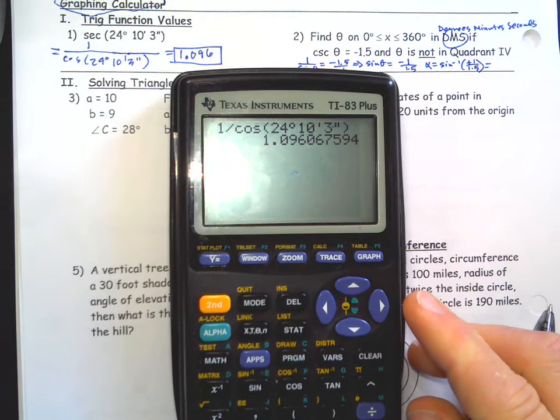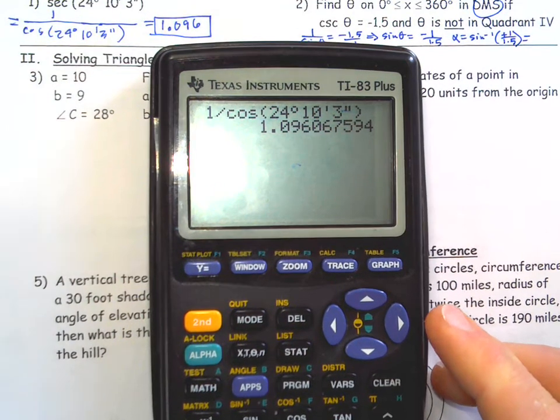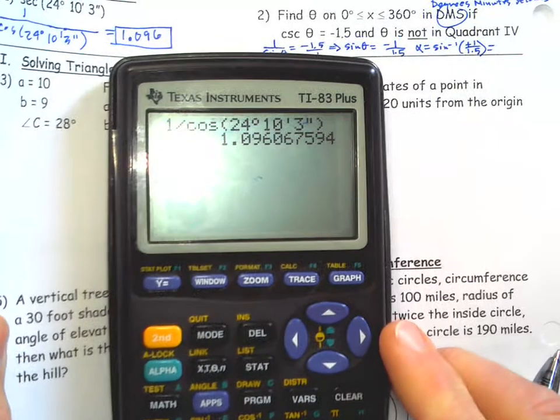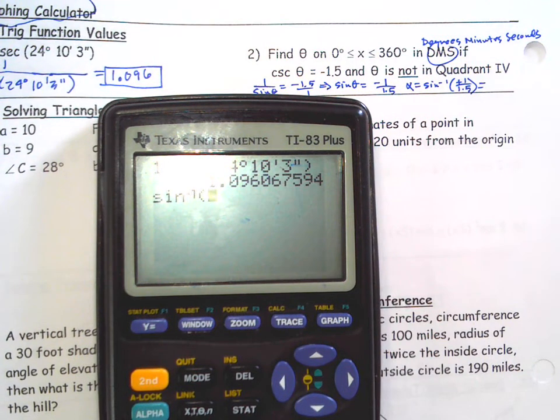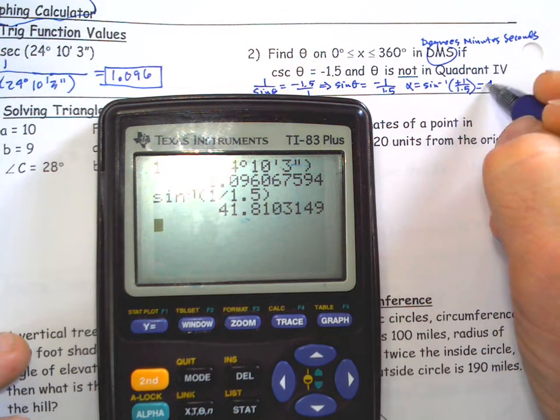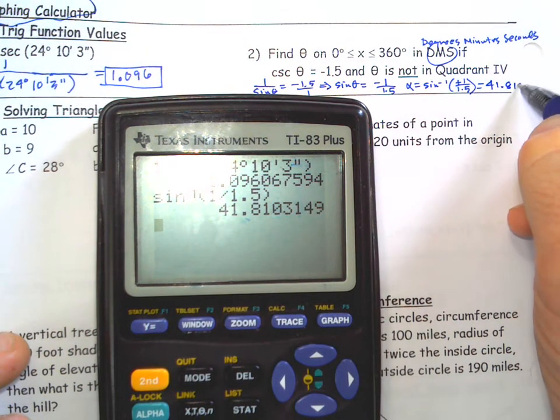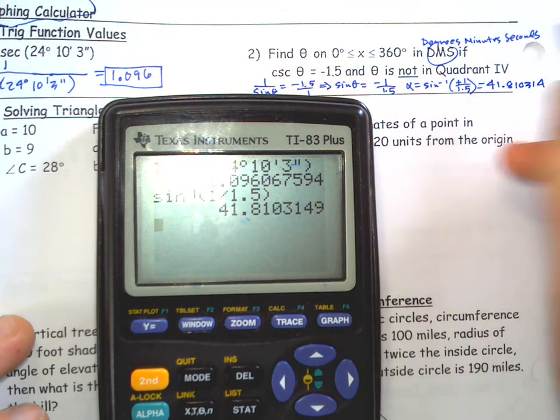So let's see, I guess I could zoom in on this so you can see it better. So inverse sine, you need to be in degree mode, positive 1 over 1.5. And we get 41.810314.